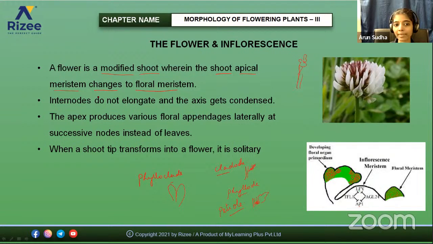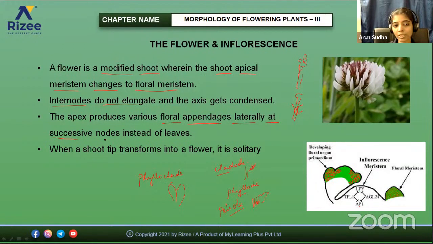So how is it happening? The internodes do not elongate. So in the case of a stem, here there will be many leaves, and this is the internode. So here what happens? The internodes do not elongate and the axis gets condensed. So they are reduced, and this apex produces various floral appendages laterally at successive nodes.